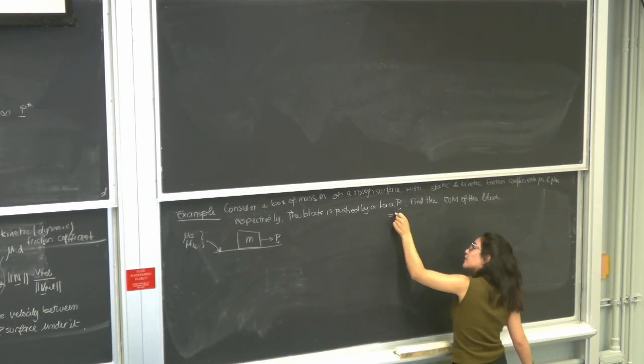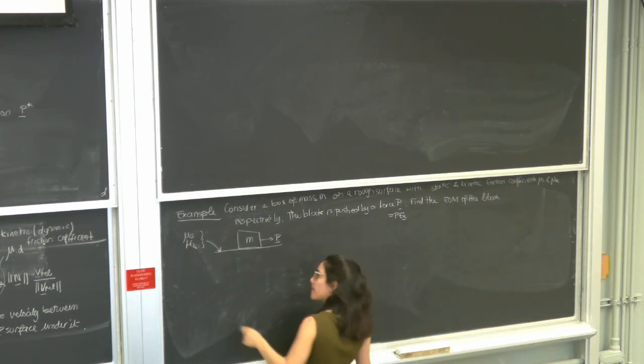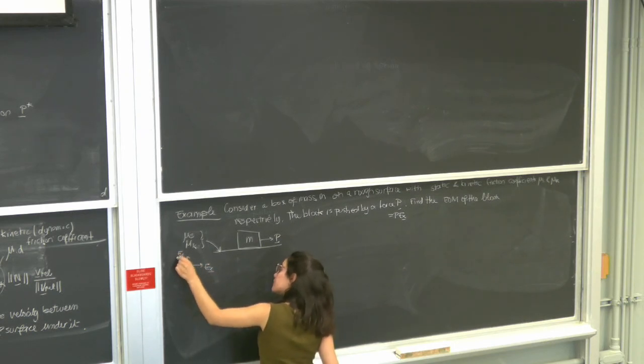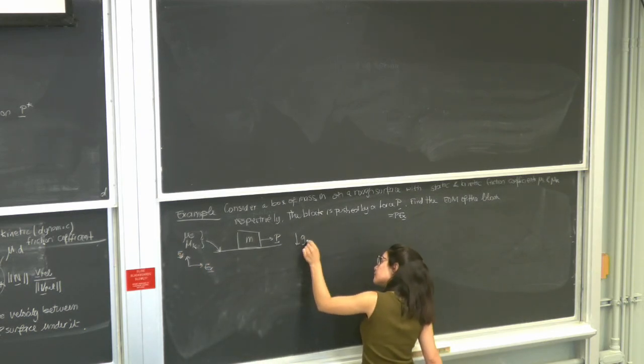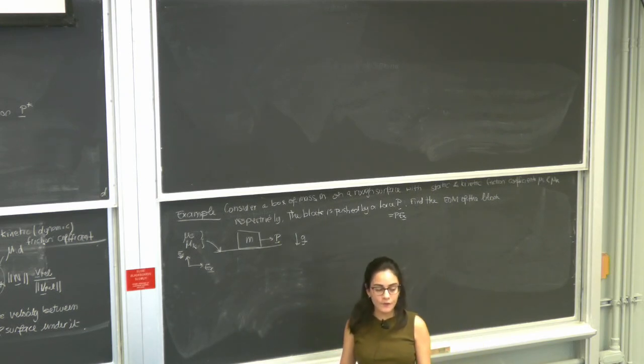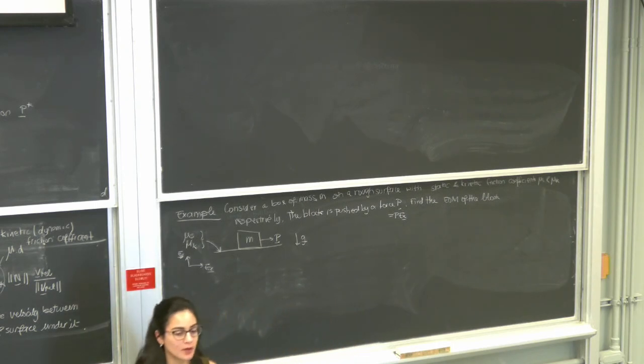And P is horizontal. Okay. So a block on a rough surface, it's being pushed by a horizontal force P. We need to find the equation of motion of the block.